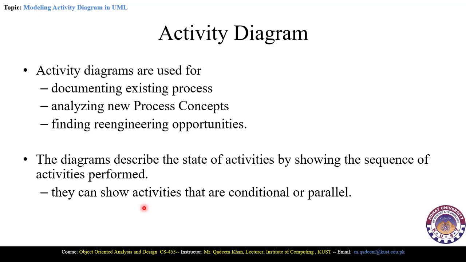Activity diagrams are mostly used for documenting existing processes. As you studied in software engineering, there are different existing processes of software development like the waterfall model, the spiral model, the prototyping model, and other software development models.